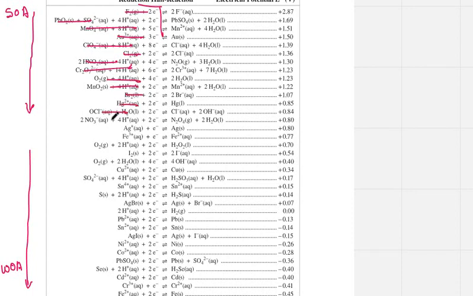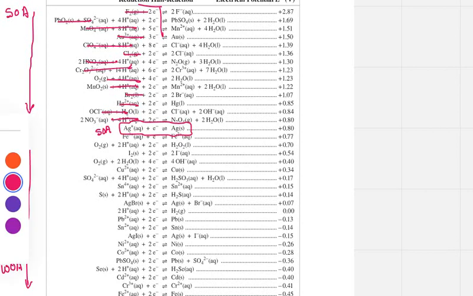No, no, no, yes. Silver ions right here are the strongest oxidizing agent in this first setup. So one of our reactions is going to be silver ions picking up electrons and turning into silver.